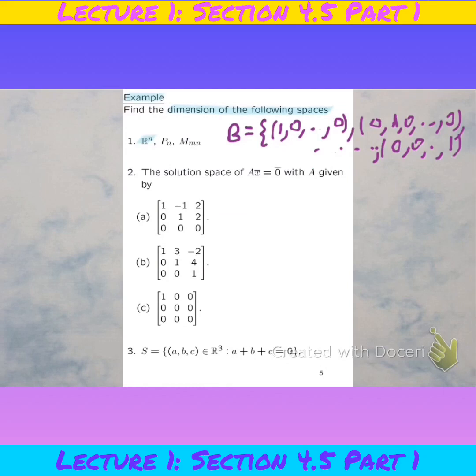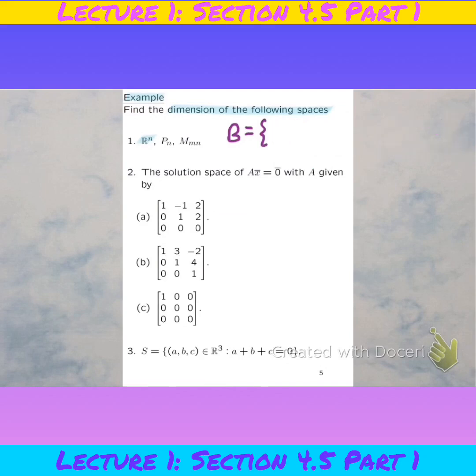How many vectors are there? Well, the 1 can take on n positions, so B has got n vectors. So the dimension of Rn is n.